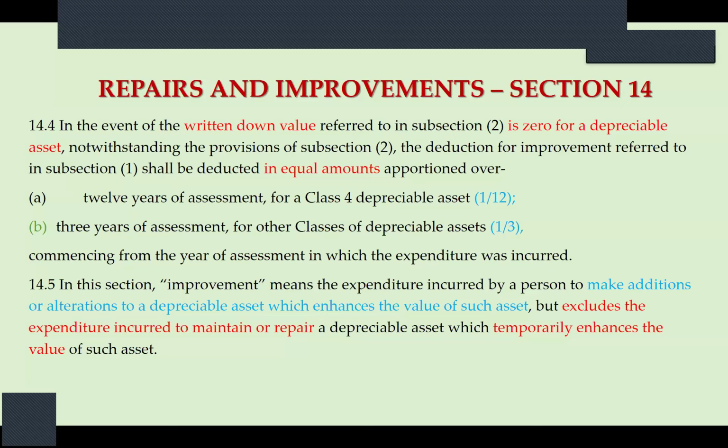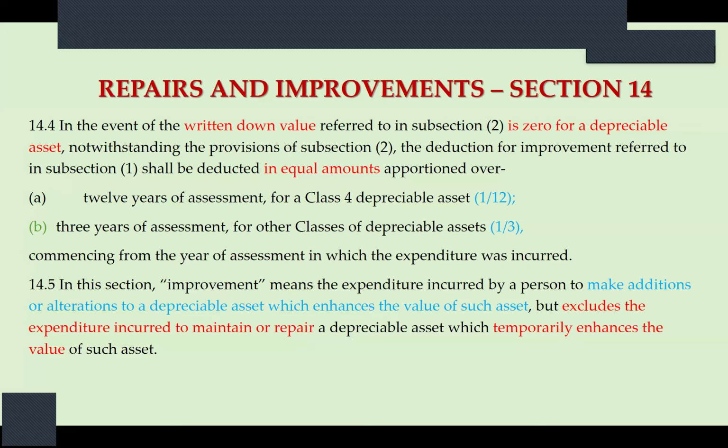If the written down value is 0, even though we incurred some expenditure for repair and improvement, since that value is 0, we cannot deduct even 1 rupee. So it will be an issue for the businessman.